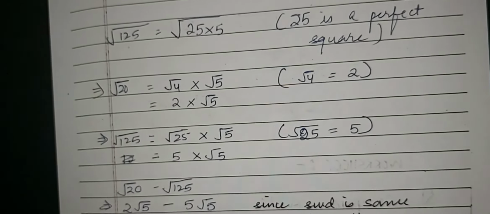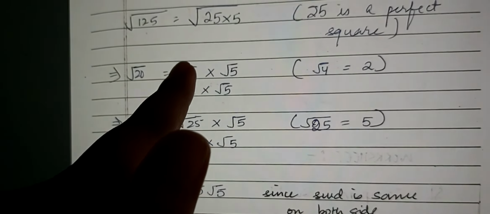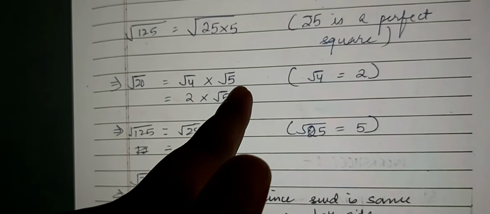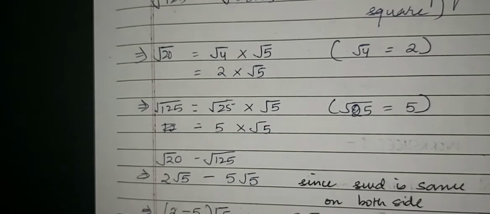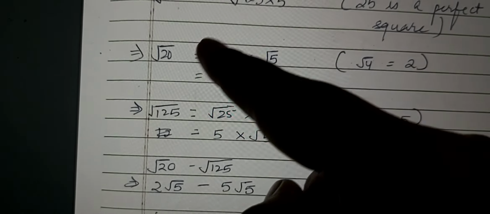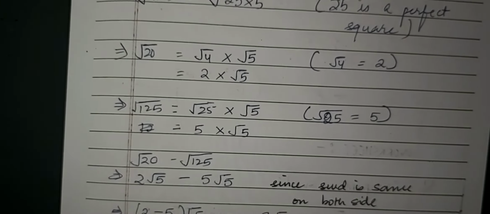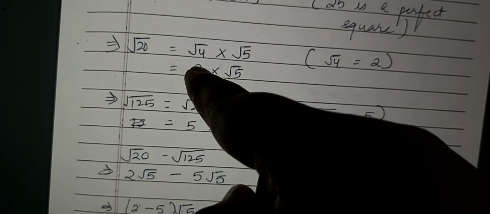Now what do I do next? Square root 20 is equal to square root 4 into square root 5, which is 2 into square root 5, right? If I remove this square root, it just remains 2, correct? If I find the number whose perfect square it is, then I'll write that. So that's 2 into square root 5.